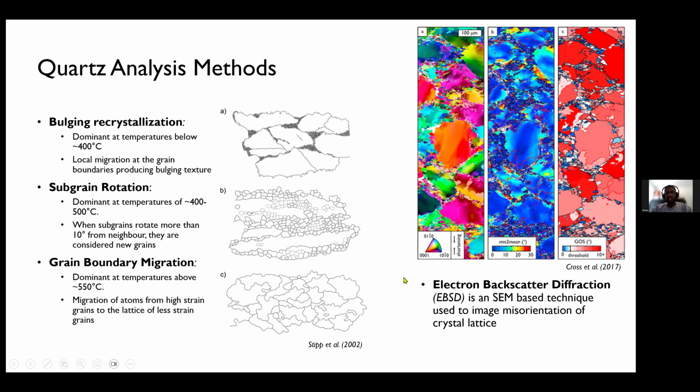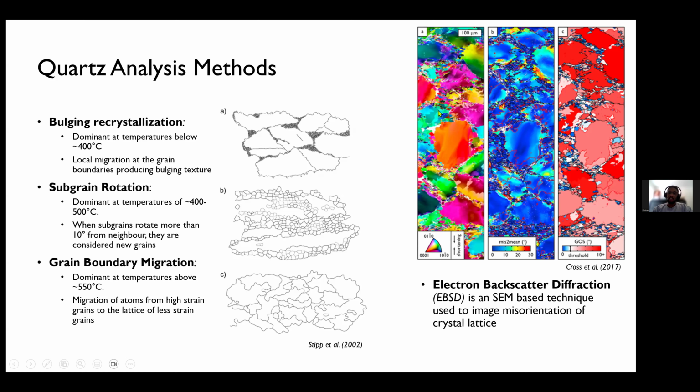So talking a bit about EBSD. EBSD is an SEM-based technique, and it can be used to image misorientation in the crystal lattice. So looking at the figure on the top right here, important thing to note is that in panel A, different colors basically just represent different orientations of the quartz crystal.